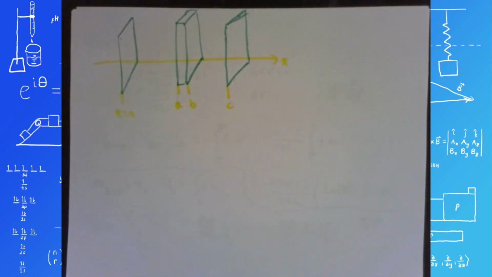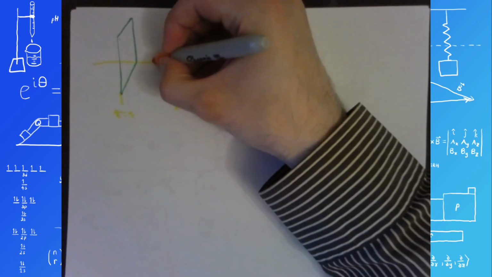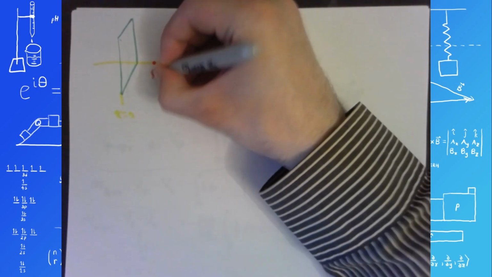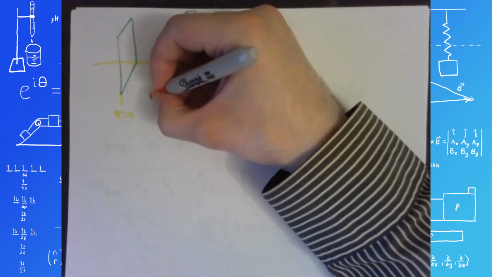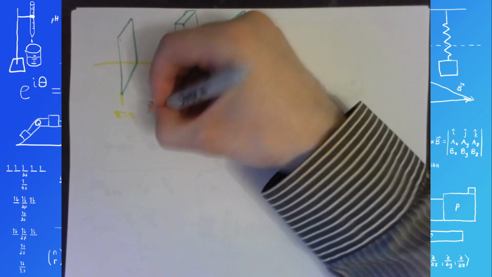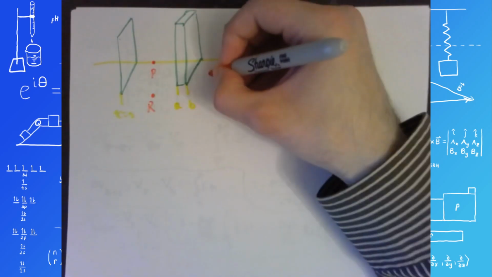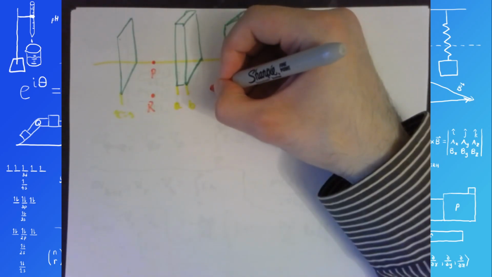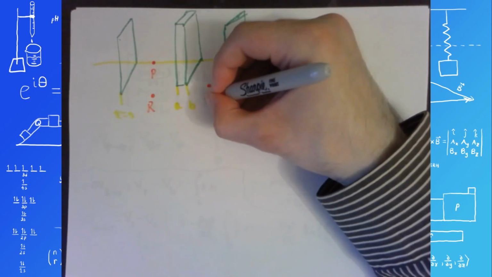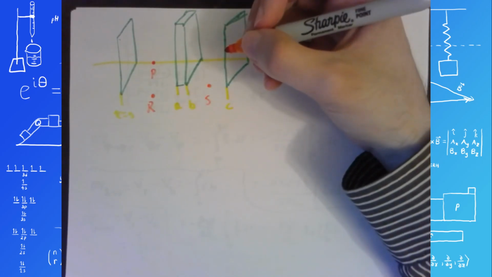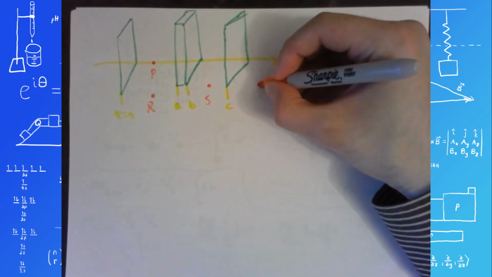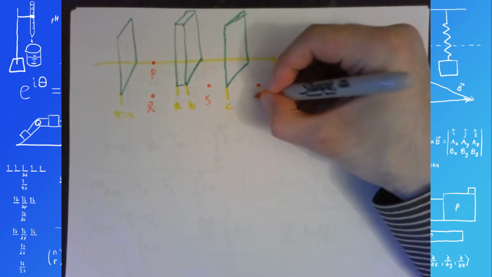So they gave us the point P, which is right here. They gave us point R, which is over here. They gave us point S, which is right here. And they gave us the point T, which is right there.